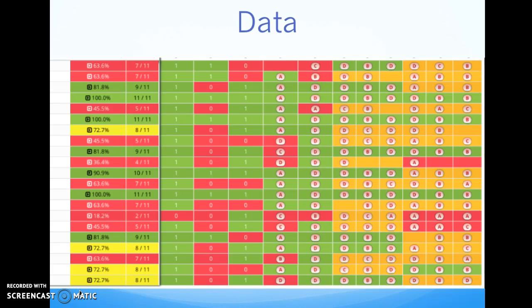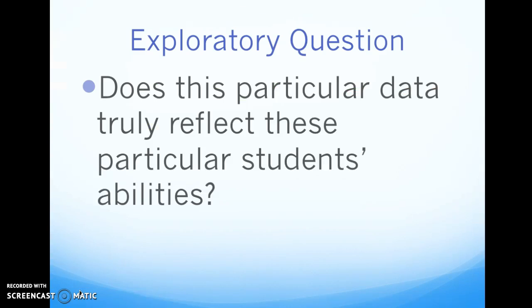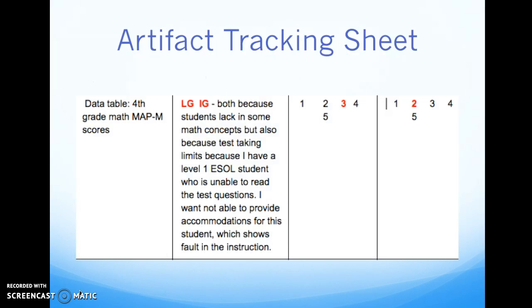And then broken down in the next few columns are the questions, and the green represents if they got them right, the red represents if they got them wrong, and the orange color shows if they got part of the question correct. So from looking at that data, my team and I came up with an explanatory question, which was, does this particular data truly reflect these particular students' abilities?